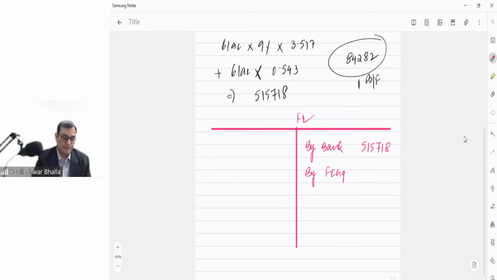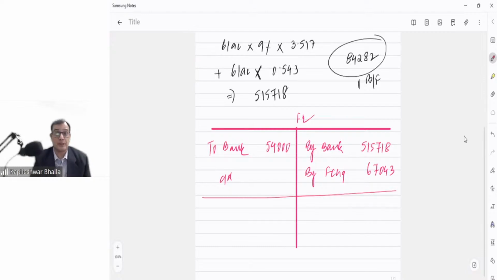So 515,718, we take a 13% unwinding that comes to 67043. And then we make a payment at the coupon rate, which is 9%. So that works out at 9% on 6 lakh, which is 54,000. So we get a balance c/d as a balancing figure.